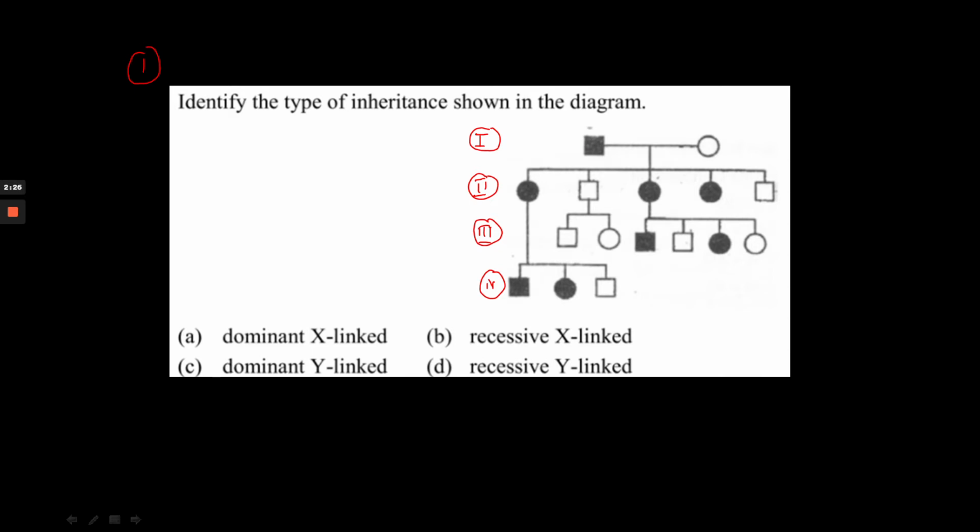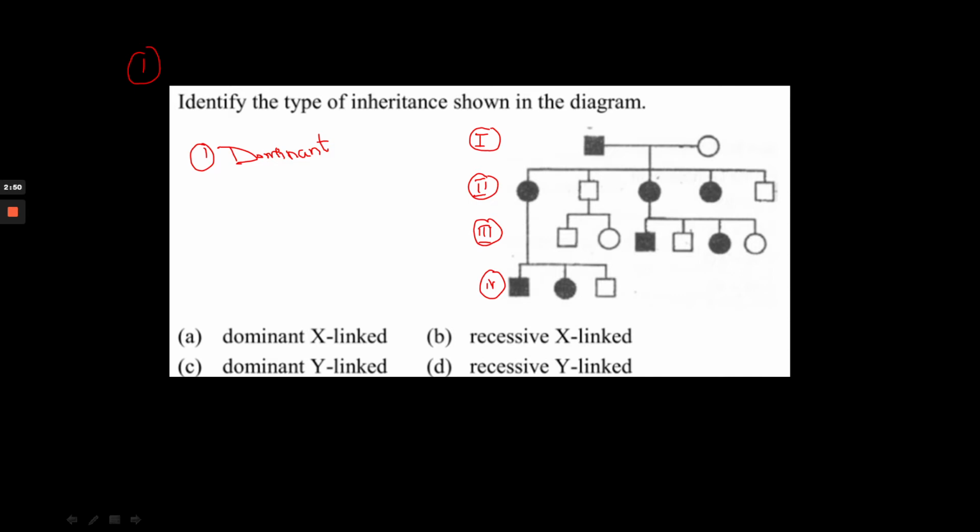We have an affected individual in the first generation, in the second generation also, in the third generation also, and in the fourth generation also. So there is no skipping of generation. That's why I can say the trait has to be dominant, since every generation has an affected individual.